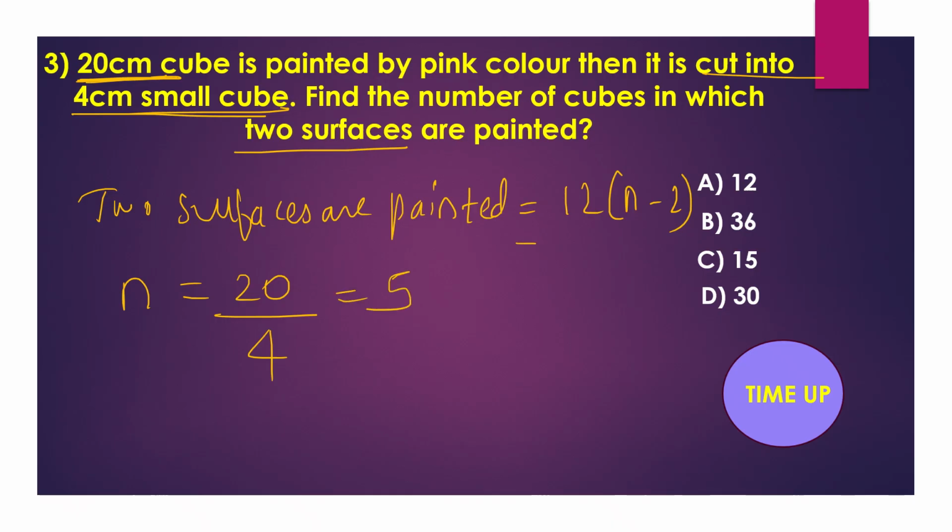So n is 5. When you insert n as 5, 5 minus 2 is 3. So 36 is your answer.